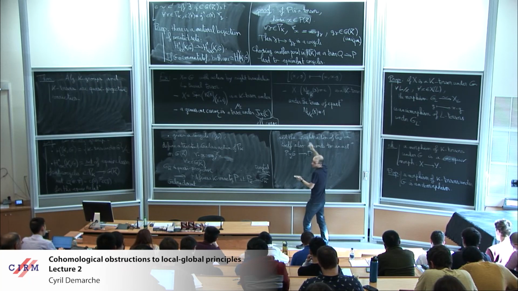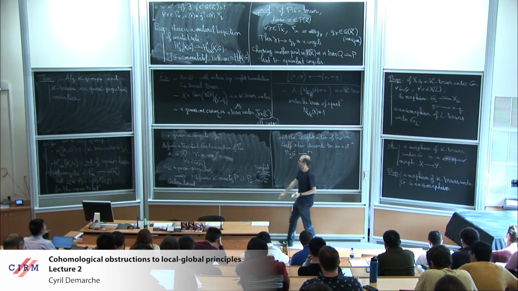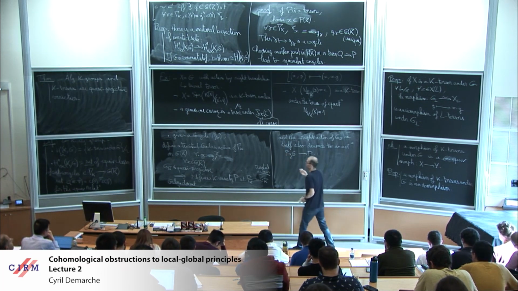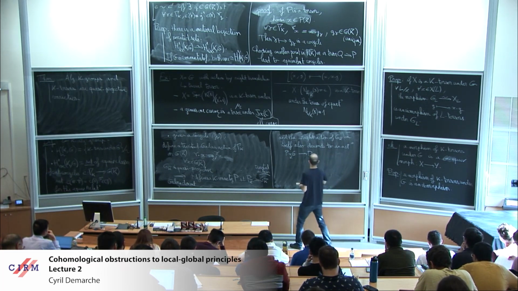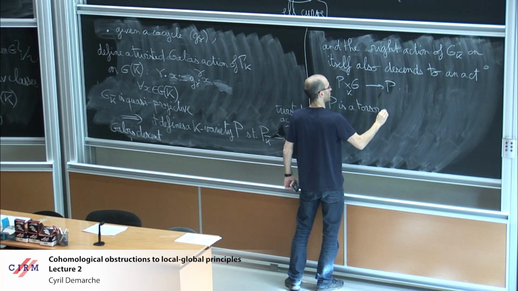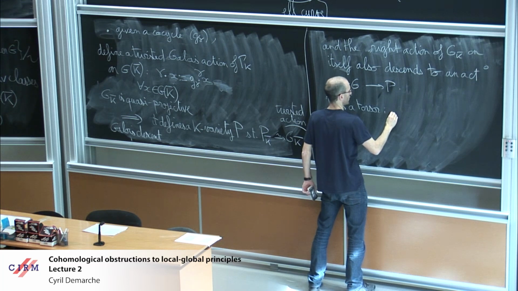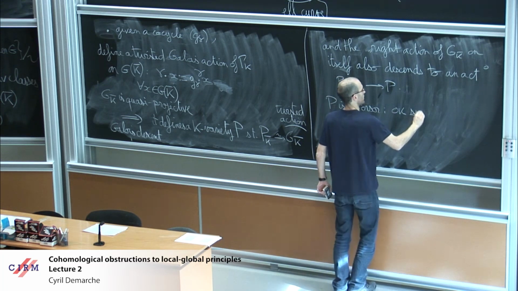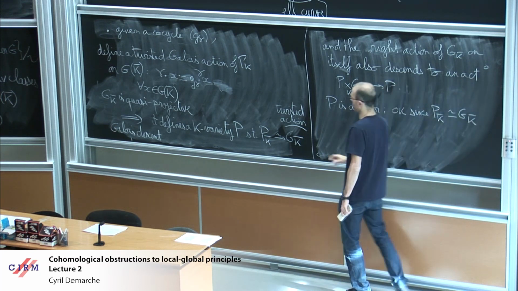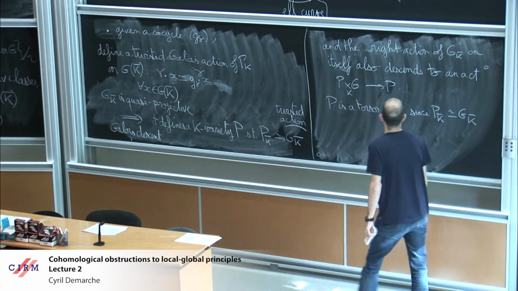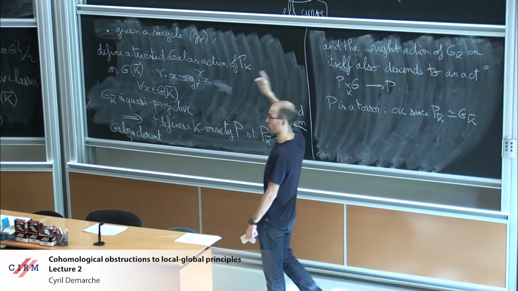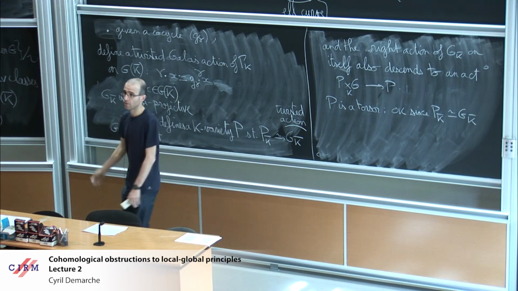But to check this is a torsor, you can go up to K bar, where P K bar is G K bar with the translated action. P is a torsor, since essentially P K bar is G K bar via this isomorphism here. Okay, so this constructs the map from cocycles to torsors, from the right to the left.